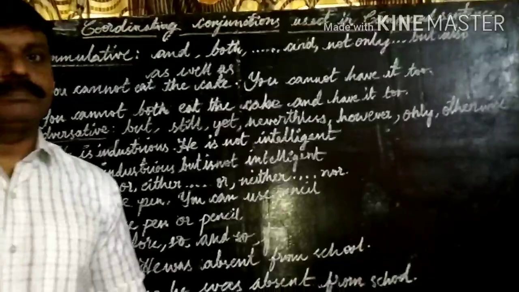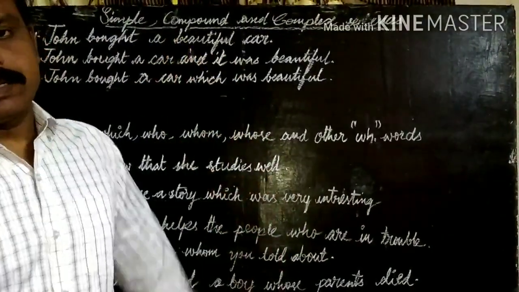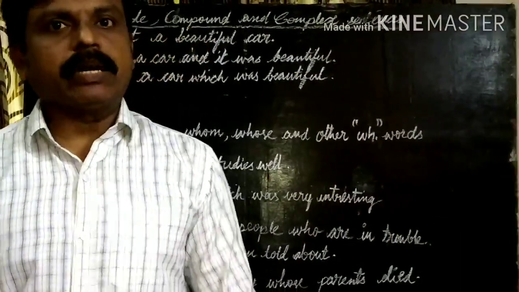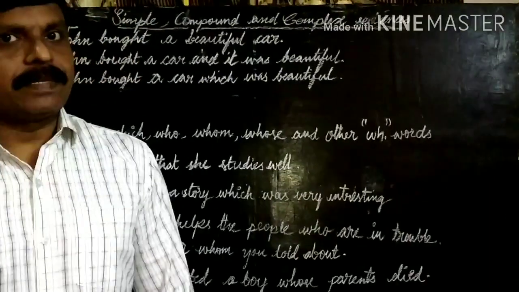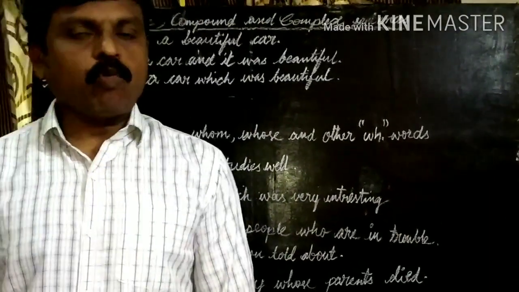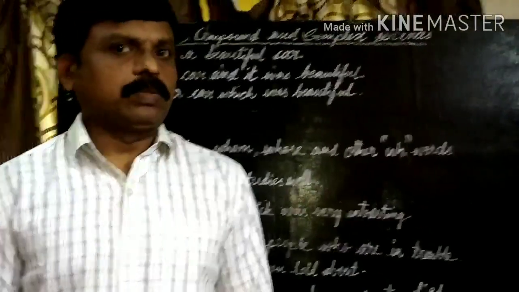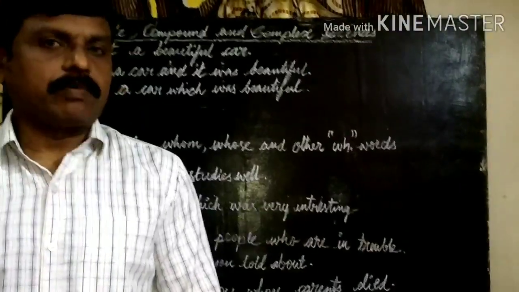Already we have learned about the simple sentence and the compound sentence, and how they are formed. Now, let us discuss the complex sentence. Before going over this, let us recall once again how simple and compound sentences are formed.